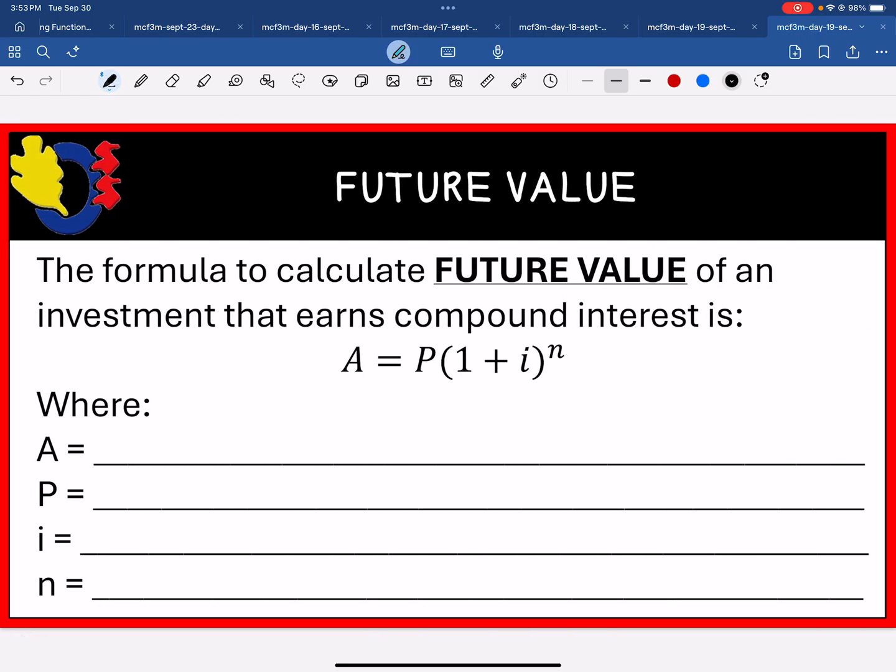Okay, so let's look at our future value formula. The formula to calculate the future value of an investment that earns compound interest is A equals P times (1 plus i) to the exponent n. A is the accumulated amount, or the future value.